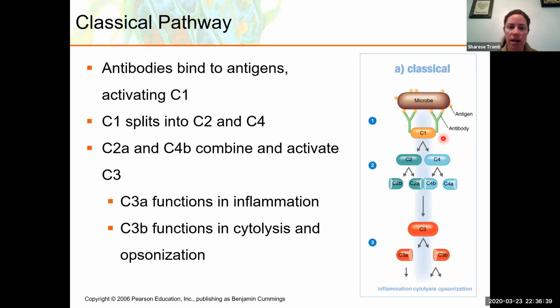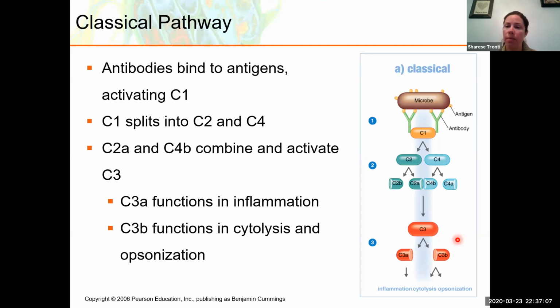So once C1 has been activated, it will split into C2 and C4. Each of those will split as well. C2A will combine with C4B. Those two come together and they will activate C3. C3 will split into C3A and C3B.